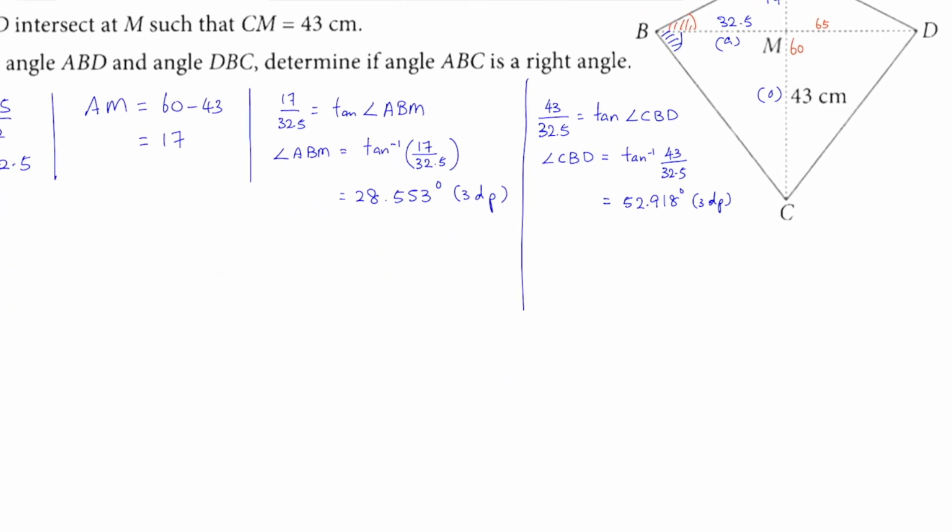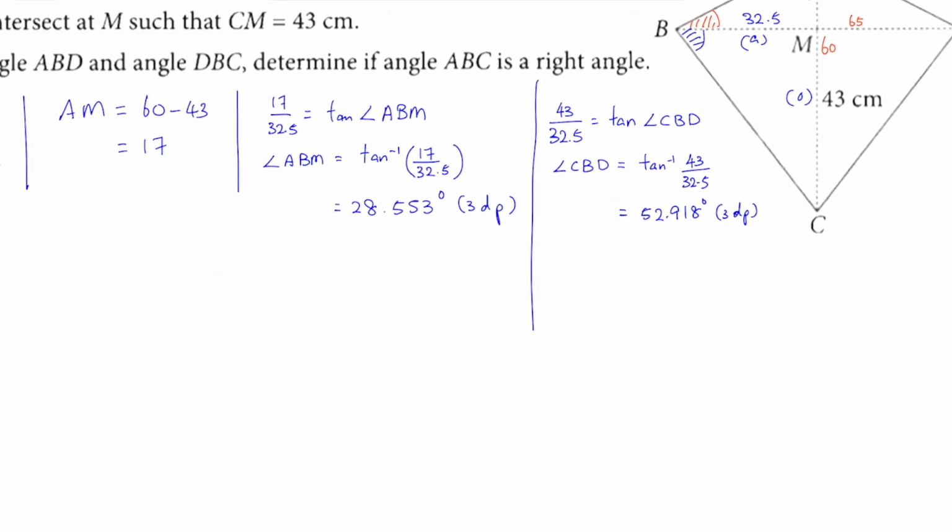Then finally, we are going to check whether it's a right angle by adding them together. So 28.553 plus 52.918 degrees equals 81.5 degrees, 1 dp.